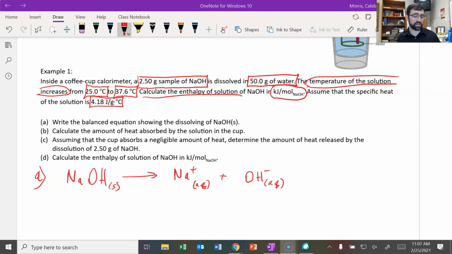I also know that since this is a calorimetry experiment, I'm most likely going to be concerned with delta H of the reaction. And I'm looking for that. I'm looking for delta H in terms of kilojoules per mole.